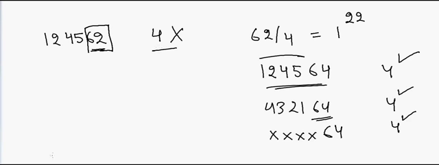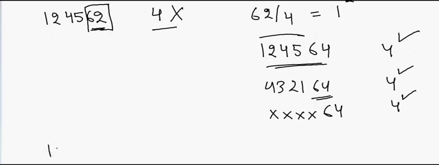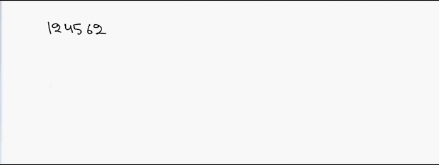Now let's write the number again: 1, 2, 4, 5, 6, 2. Is this number divisible by 5? No, because to be divisible by 5, the last digit should be either 5 or 0.